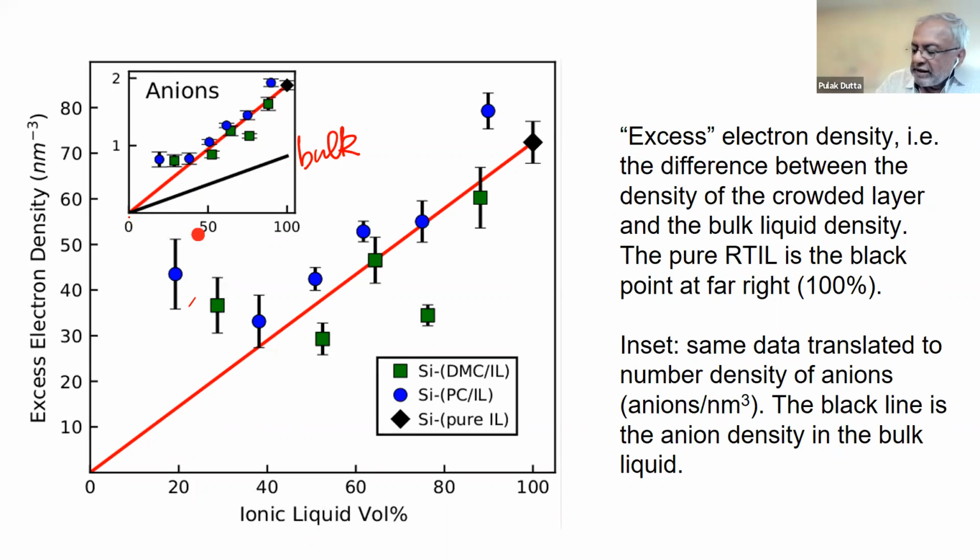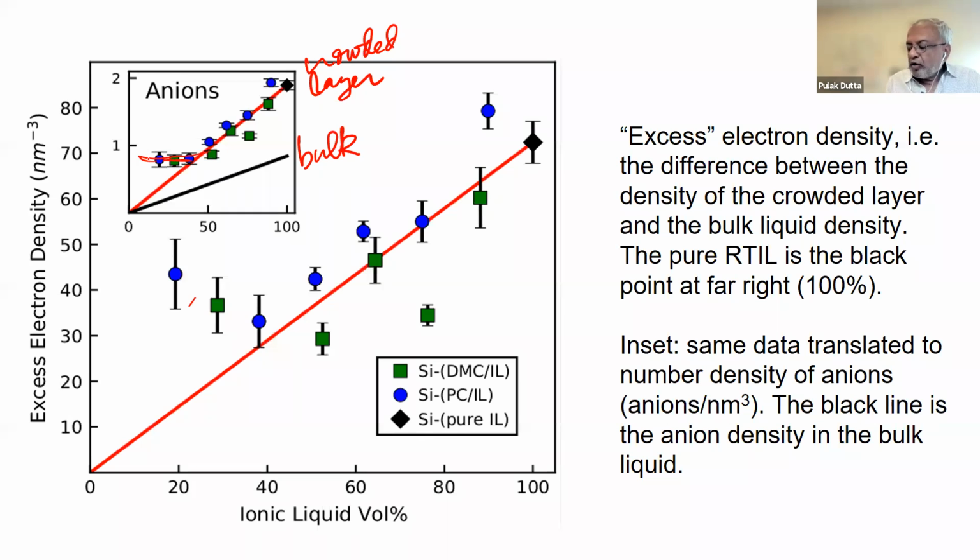Okay? So this is the crowded layer. And when you get here, you get the same thing. The number of anions goes down. The ratio of anions to cations remains the same. The number of anions goes down, and there's this deviation down here.